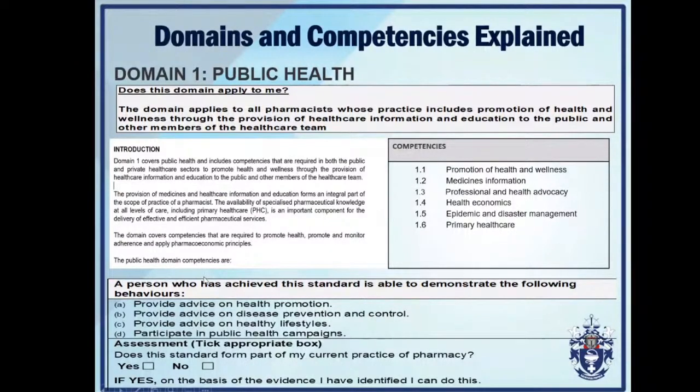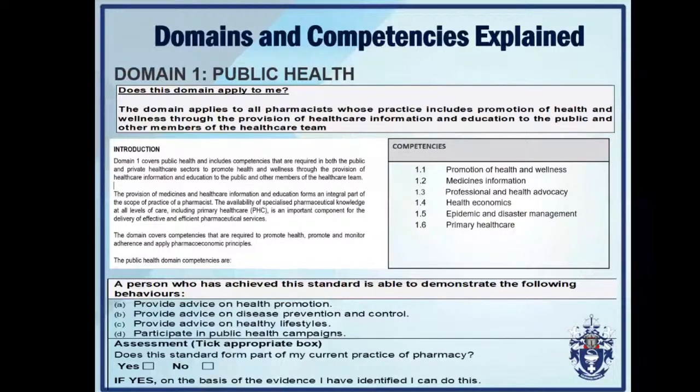Here we have just teased out the behavioral statements in level 1, which are: provide advice on health promotion, provide advice on disease prevention and control, provide advice on healthy lifestyles, and participate in public health campaigns. But if you are intermediate or you are advanced, then your behavioral statements will be different.